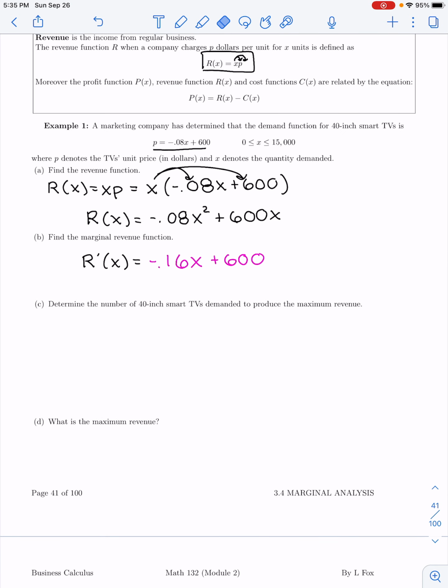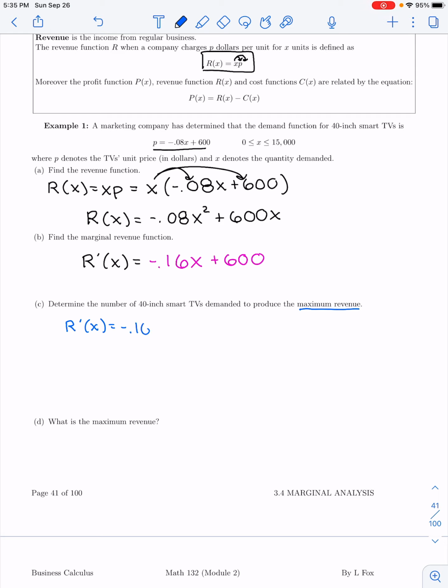And now the next thing says, determine the number of 40-inch smart TVs demanded to produce the maximum revenue. So this is super important. They want to figure out what's going to maximize their daily income. So we want to tell them what's going to make them the most money. We want to remember that to find the maximum of anything, if you wanted to find max revenue or min cost, max and min are found by taking the derivative and setting it equal to what?